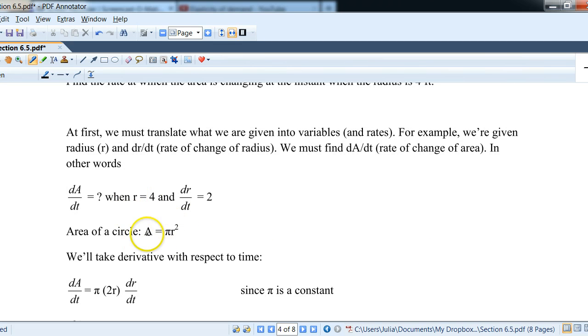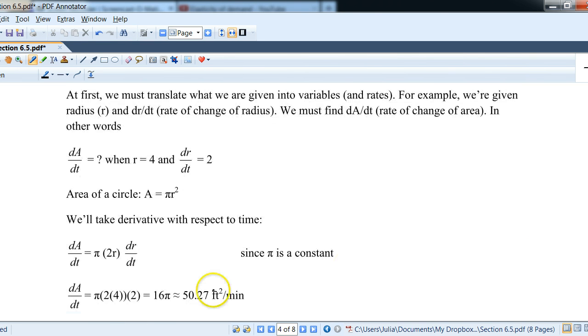And then we just simply take the derivative of this equation. Derivative of A is dA/dt equals, pi is a constant, so we keep the pi, derivative of r squared, that's 2r times dr/dt. That's the derivative of r with respect to time. Okay, and now we can plug in everything.